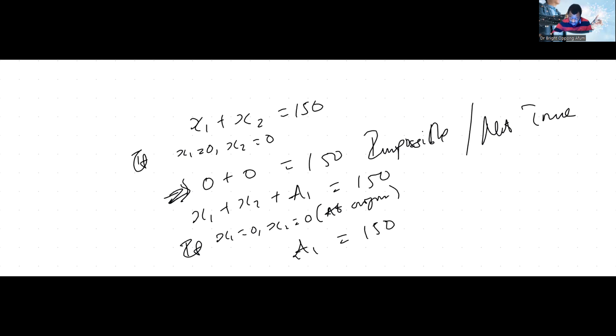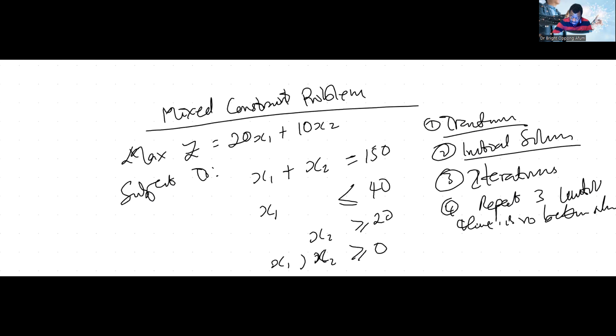Now let's look at the second one. x1 is less than or equal to 40. It's actually similar to a typical maximization problem, right? So we know that it will be x1 minus a slack variable, we can say s1, plus a2 is equal to 40.